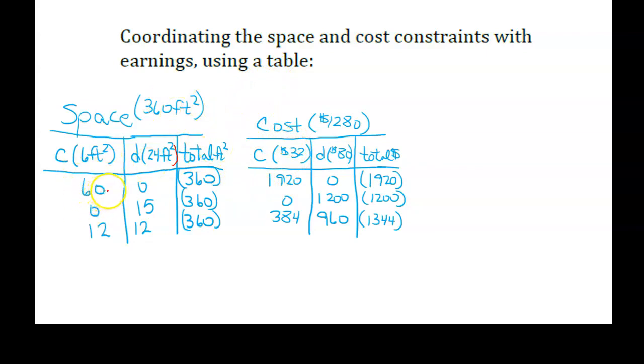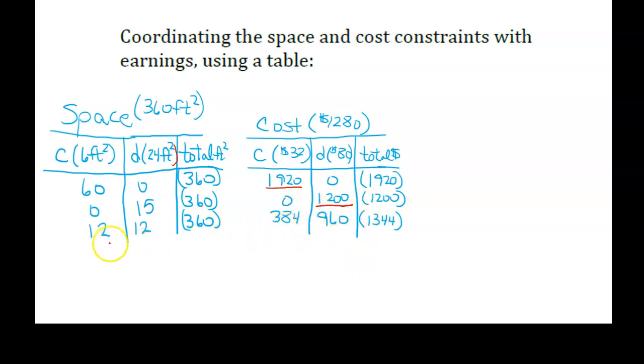If each cat pen costs $32 and we multiply those together, that would require a total of $1,920, which we know is too much. They don't have that much to invest. If we look at the dog runs, we know that we would need 15 of those at $80 a piece. That would cost a total of $1,200. So this combination would work.